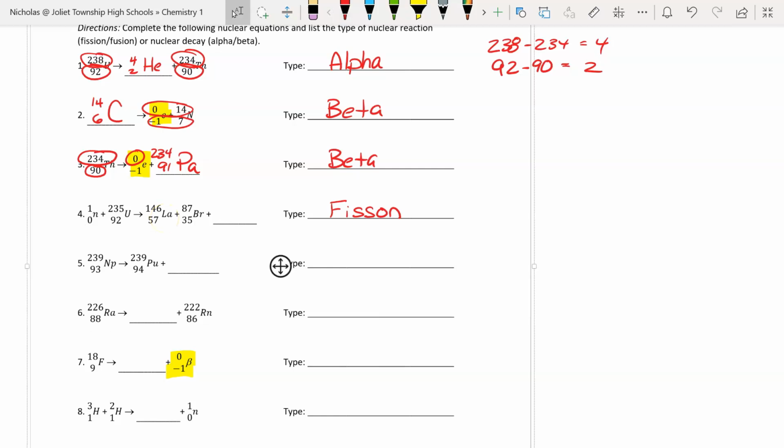So we need to make sure that everything's balanced. So I've got, let's see, 236 on the left side, and that needs to balance with 146 plus 87 plus something. Let me grab my calculator.